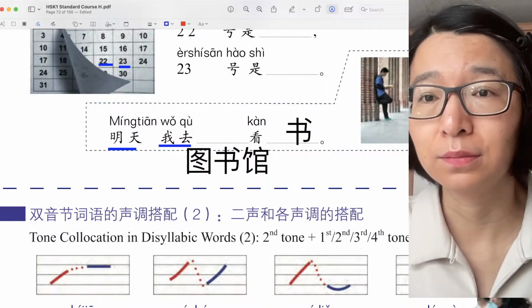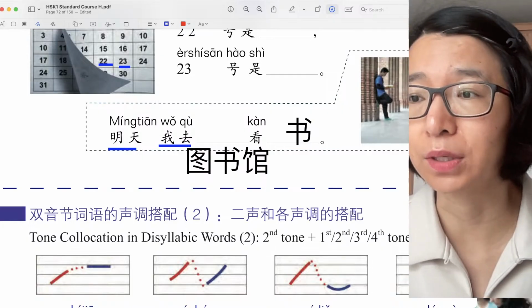It can be any reasonable place where you can read a book.